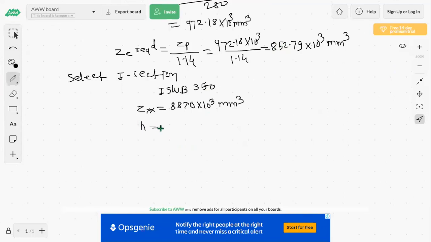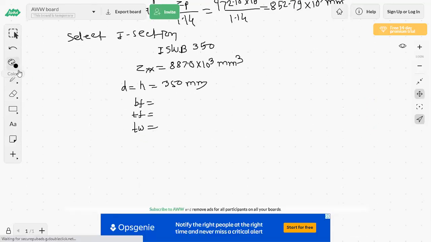Okay, now find H. H is the 350 mm. D or H. Then width of flange, thickness of flange, thickness of web. Find these properties. Then IXX.